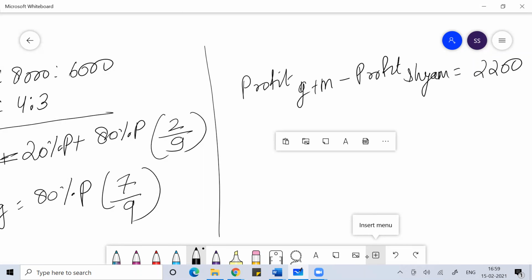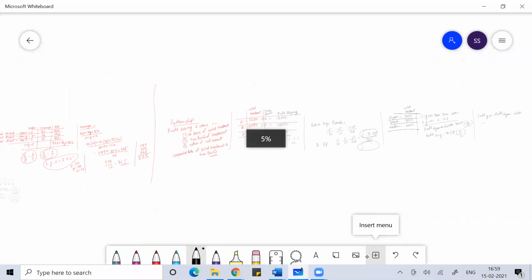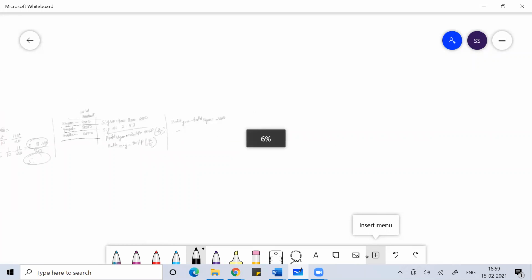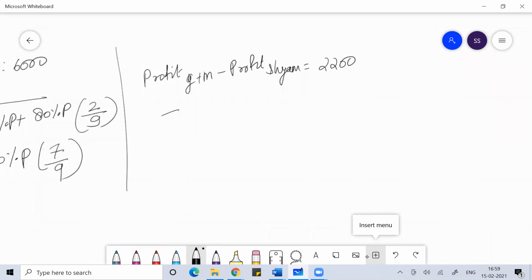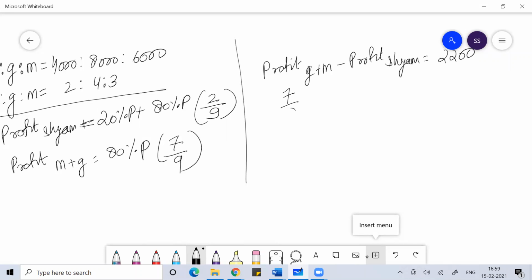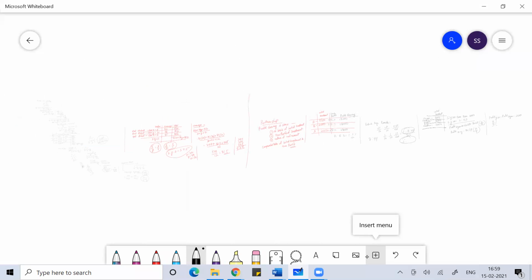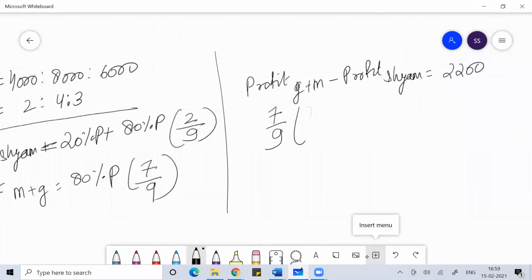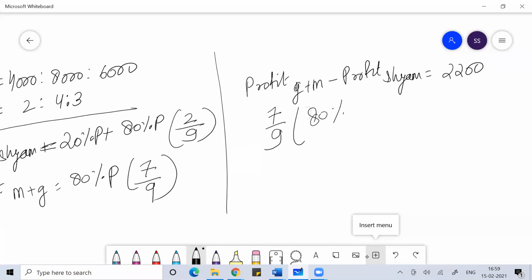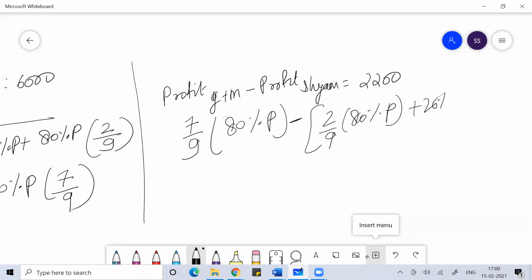Gopal and Madhur get 7 by 9 of this. So the profit of Gopal and Madhur is 7 by 9 of 80%, minus Shyam's profit, which is 2 by 9 of 80% of the profit plus 20% of the profit, that is equal to 2200.